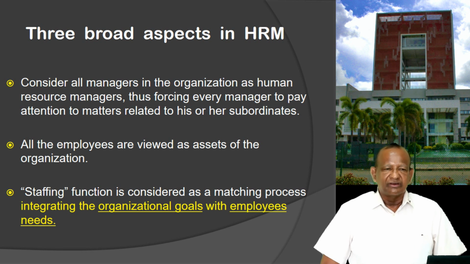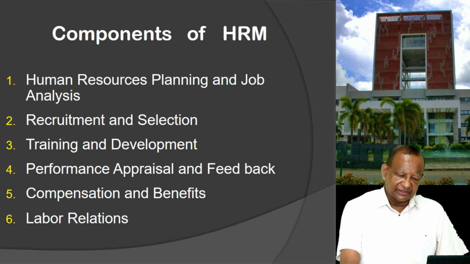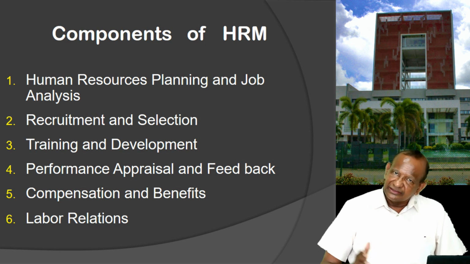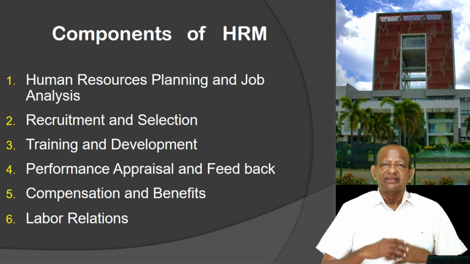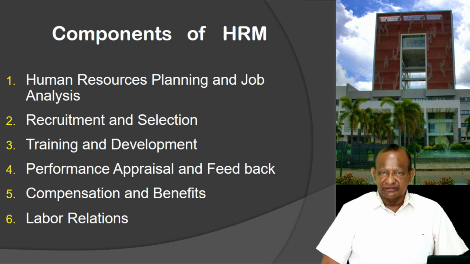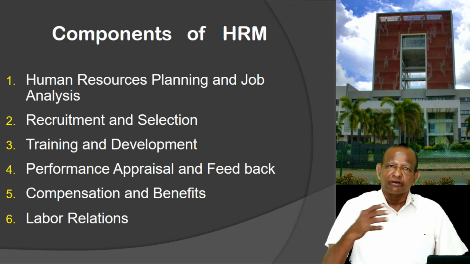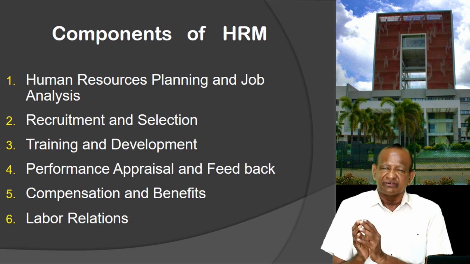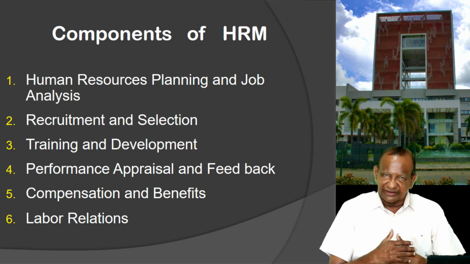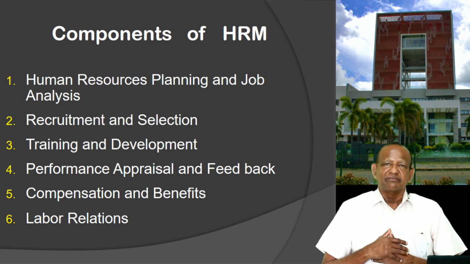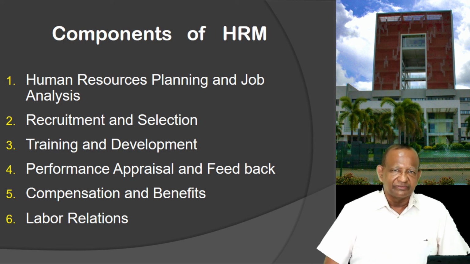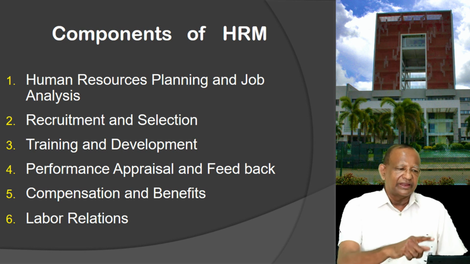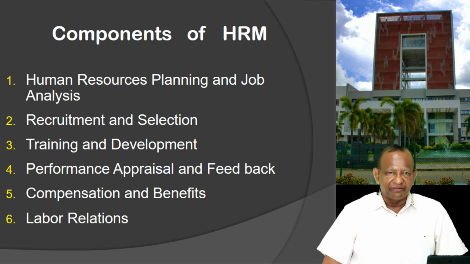I will now go directly to the more easily explainable thing, the components of HRM. My balance part of this lecture will concentrate on the components of HRM. There are 6 different components I am talking about. Why we have made them into several components is for easy understanding and easy remembering, and in the next lesson, next section, I will be explaining these components one by one.